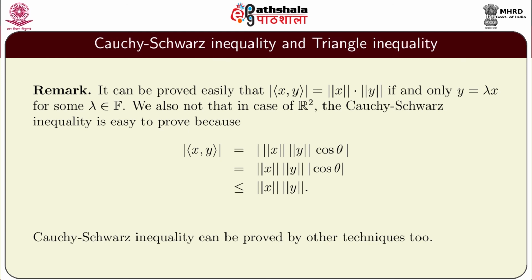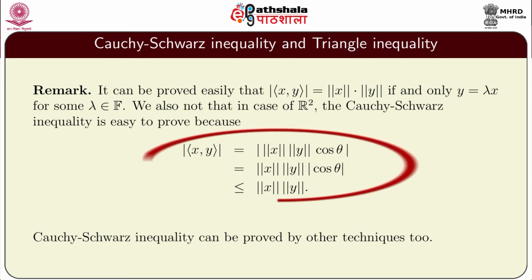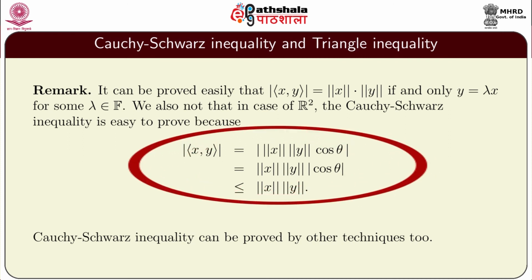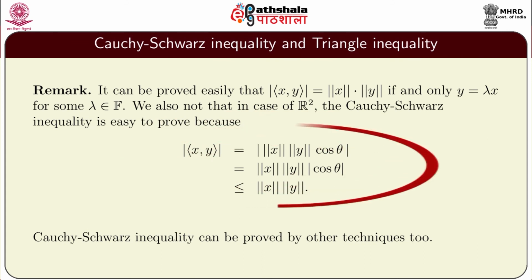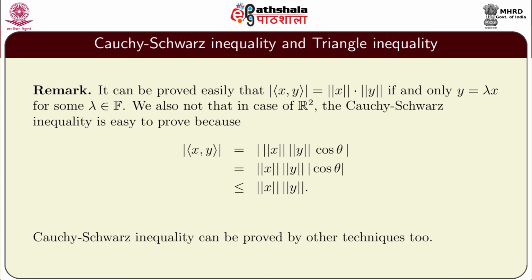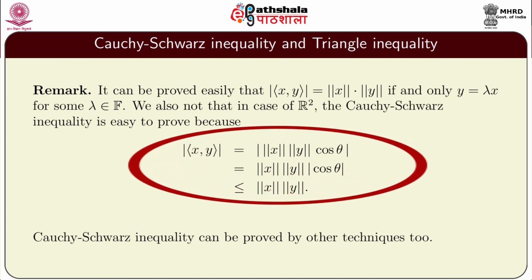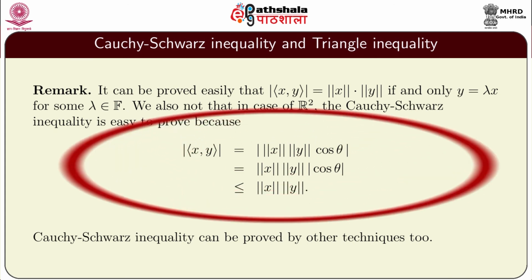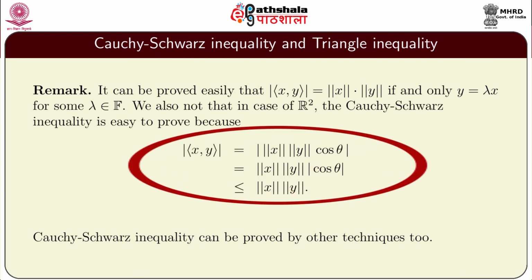And in case of the vector space R2, the Cauchy-Schwarz inequality is rather easy to prove, because modulus of the standard inner product of the vectors x and y is given by norm of x times norm of y times modulus of cosine theta, where theta is the angle between x and y, and therefore this quantity on the right hand side is less than or equal to norm of x times norm of y, because modulus of cos theta is less than or equal to 1.